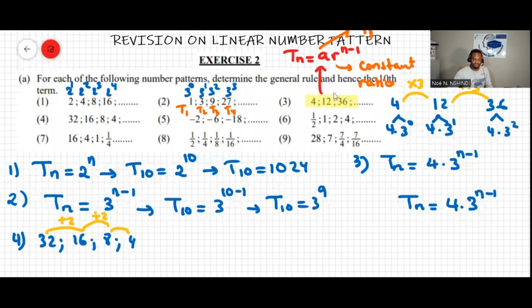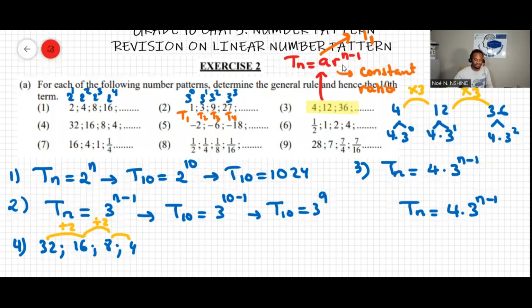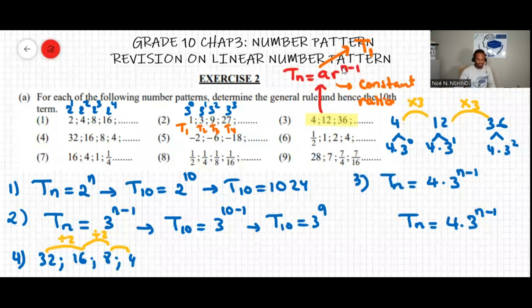So we can apply the same technique as we did here, or if you want to use the formula for the geometric pattern, because you can notice that there is a constant ratio. The formula is already there, I don't need to write it again. Tn is a r to the n minus 1. Know that a is the first term, r is a constant ratio, so here we can just say Tn will be equal to a, the first term is 32.